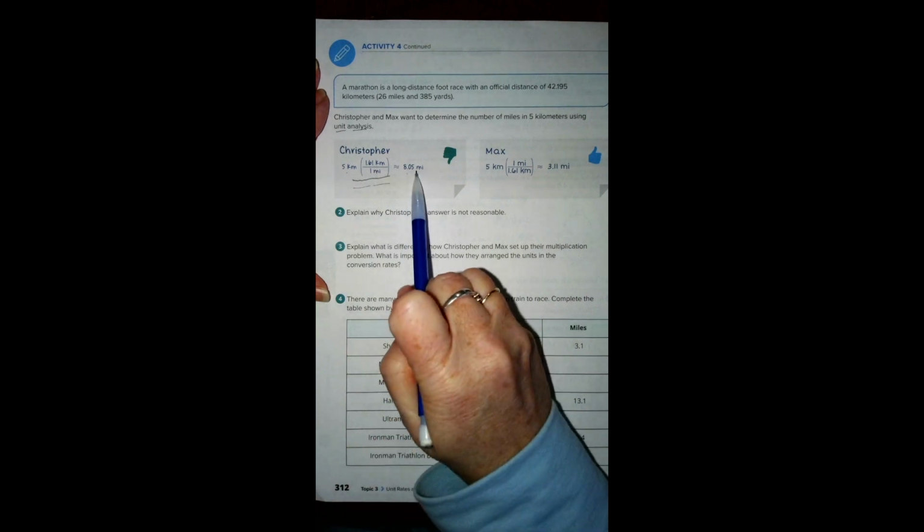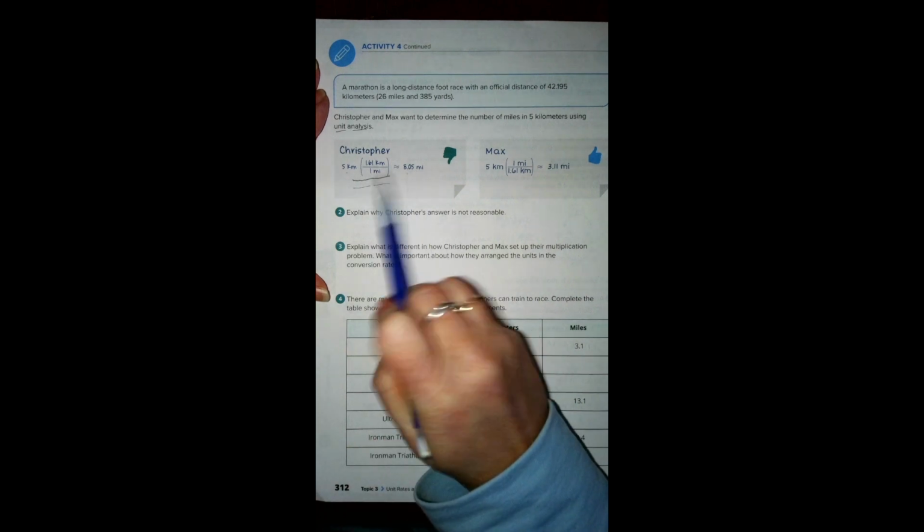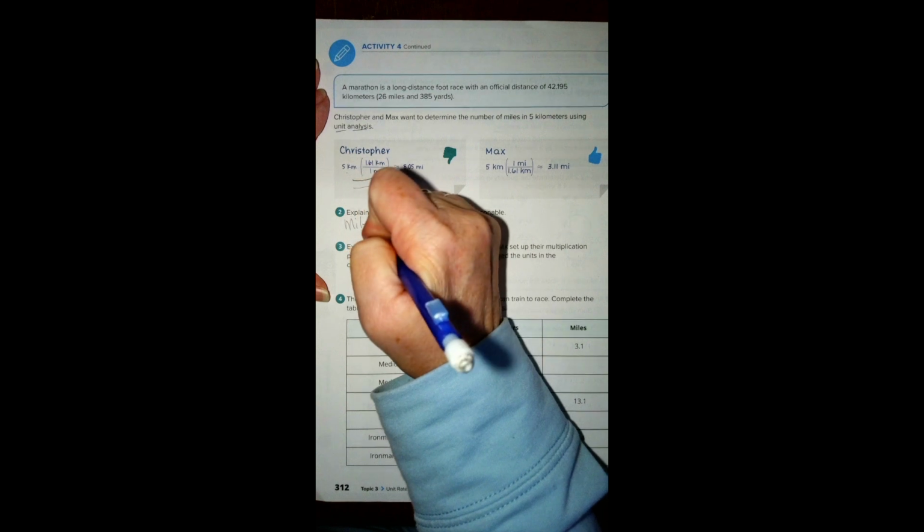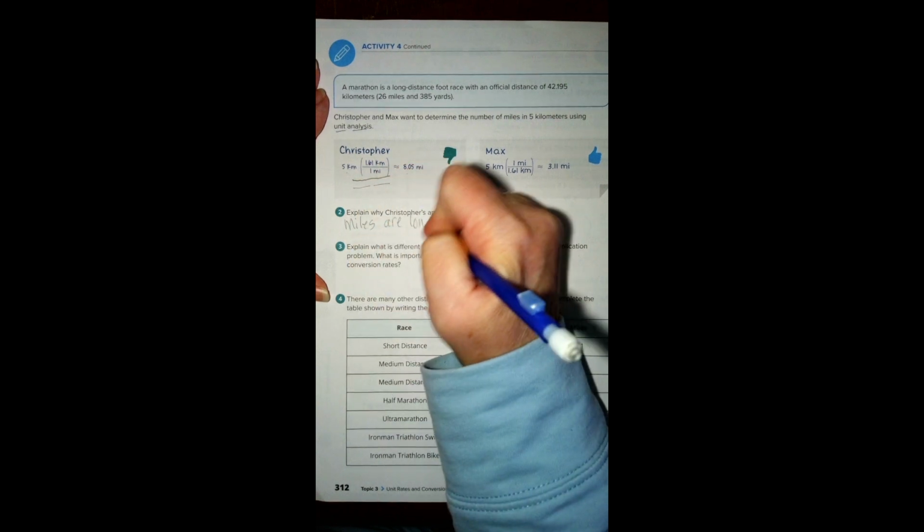Well, remember we said if we know that's the conversion rate, if that's a mile, 1.61 is almost 2 kilometers to be the 1 mile. So miles are longer than kilometers, so it should take fewer miles to equal a greater number of kilometers. So that just doesn't make sense. So we're going to say miles are longer than kilometers.